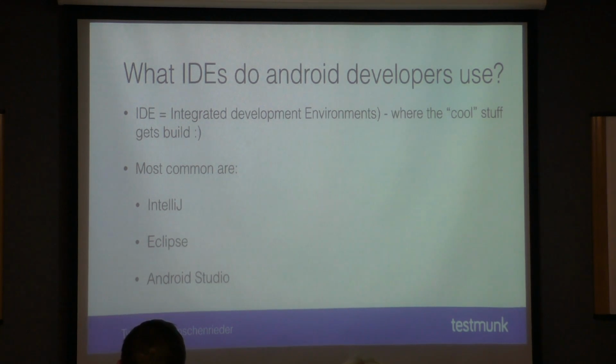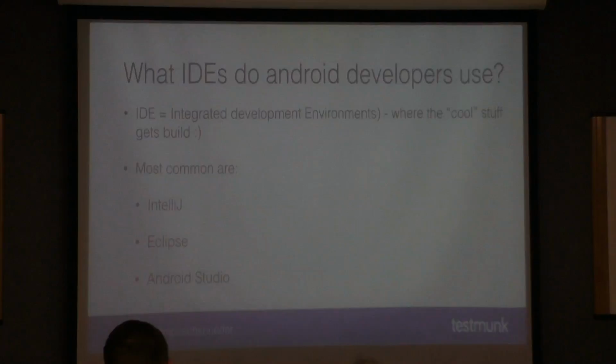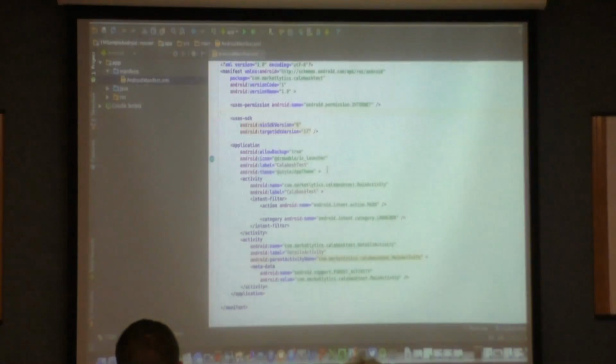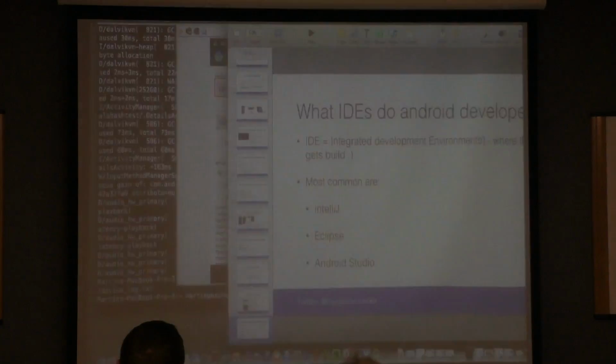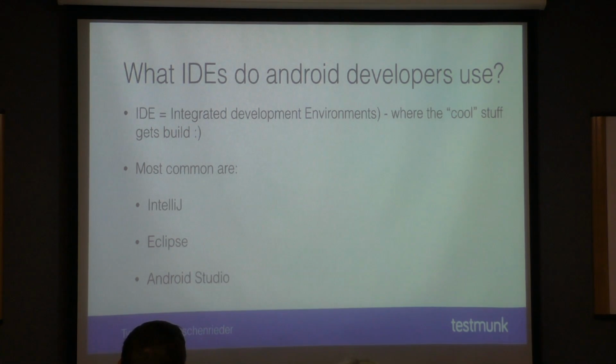So how are Android apps actually being coded? The UI that you just saw here, that's Android Studio. It's actually from Google, based on IntelliJ. It's the most common IDE. Others that you most likely have heard about: Eclipse.